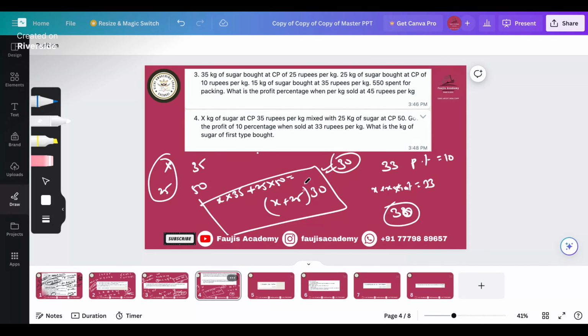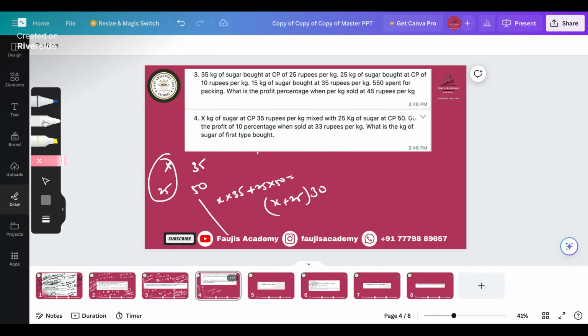So how much answer have we got, guys? Just a second. This is 35x plus 1250, which is 30x plus 750. And if it comes over here, this is 5x.